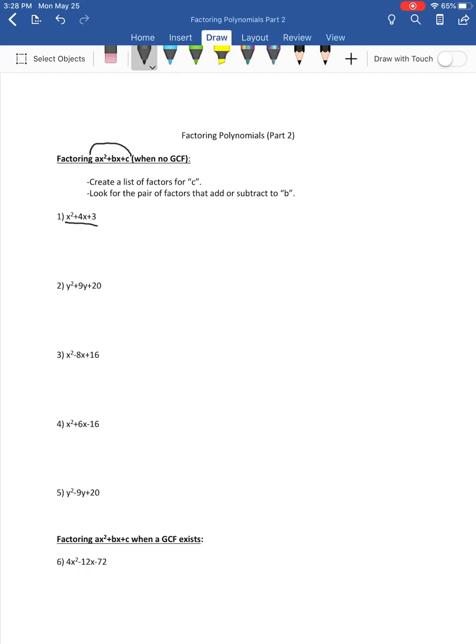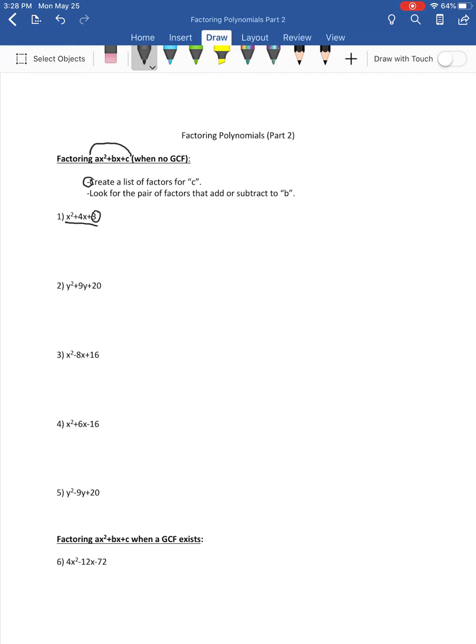And if you look at the first example, x squared plus 4x plus 3, those terms don't have anything in common. If you try making a factor tree for x squared, 4x, and 3, you're going to see that they have nothing in common. So what we want to do is start by creating a list of factors for c. c here would be the 3.